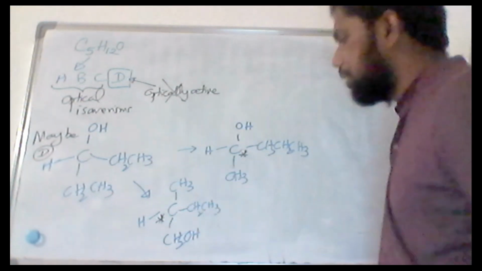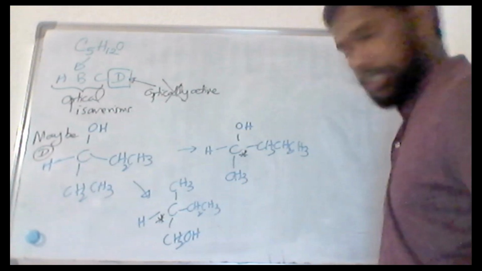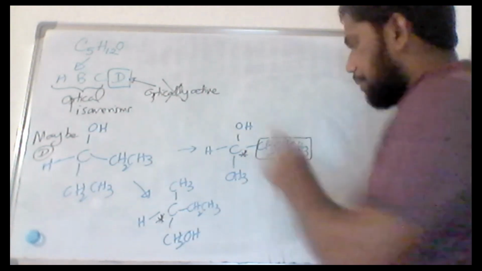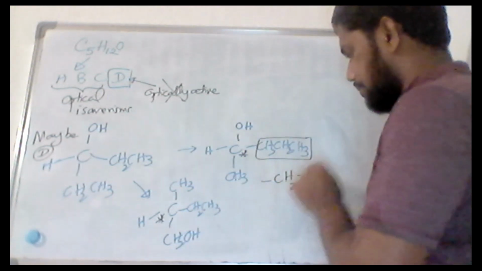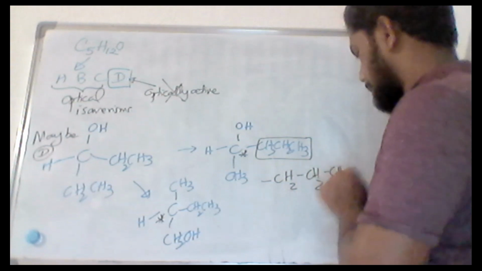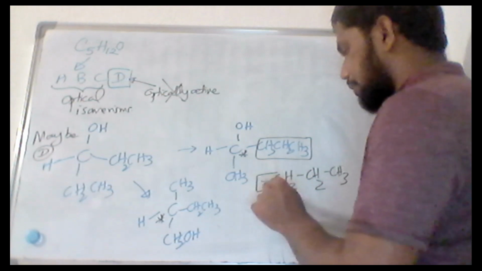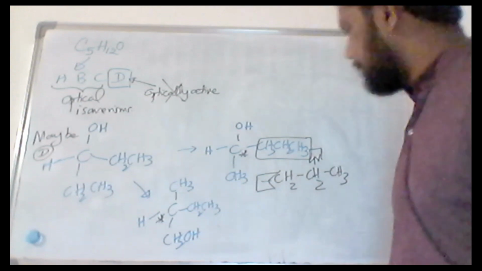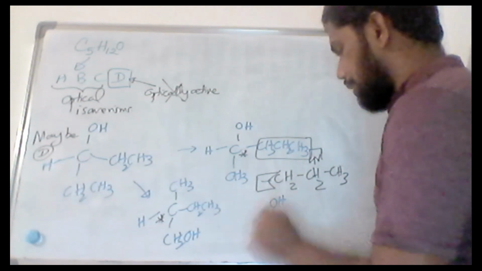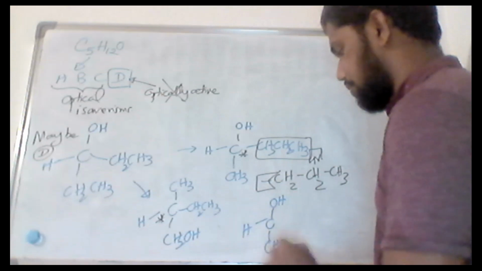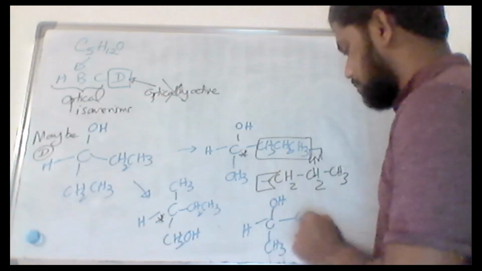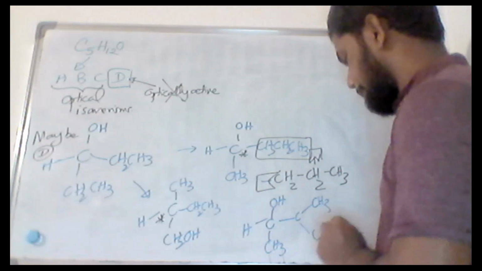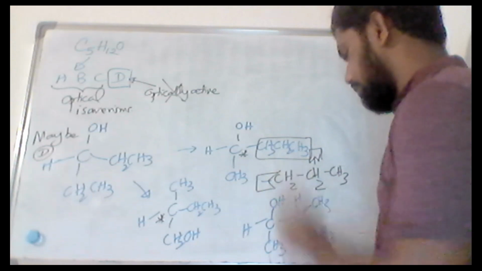So these are chiral carbons, and we have to find another structure. This chain can be branched, right? Instead of attaching here, I can attach from the middle. So this compound would be OH, hydrogen, CH3, attached from the middle, so there will be 2 CH3 groups, and there will be 1 hydrogen here.